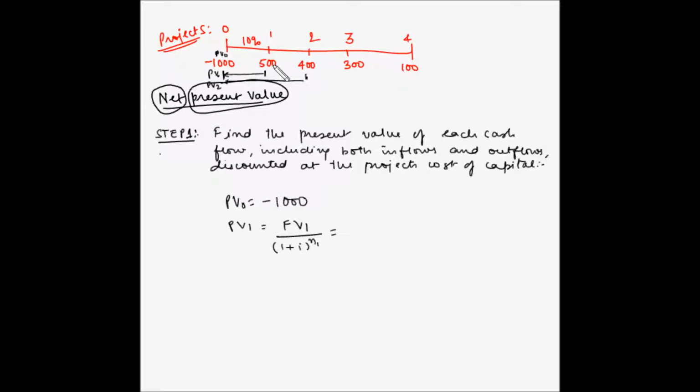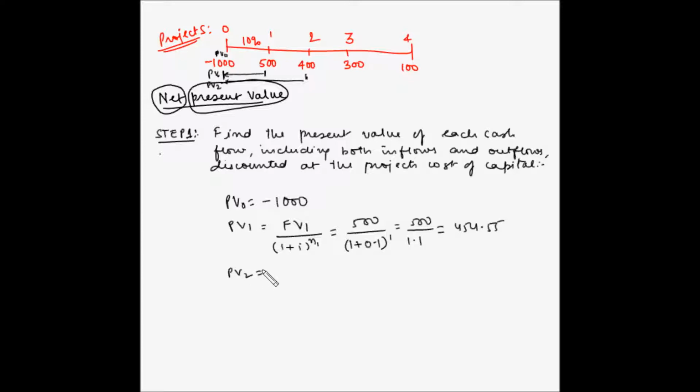The future value is 500, so this is 500 divided by 1 plus I. I is the discount rate, which is 10%, so this will be 10 divided by 100, which is 0.1, to the power N1, which is 1 year. So this is 500 divided by 1.1, and this is equal to 454.55.